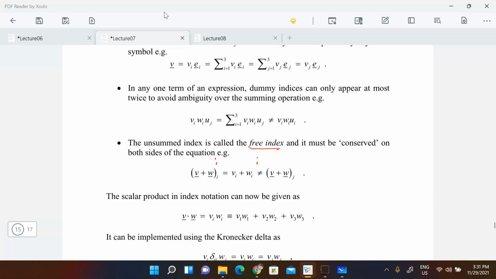So free indices are conserved on both sides of the equation. Why does it have to be conserved? If I talk about the x component of v plus w, then it has to come from the x component of v and the x component of w. It cannot be anything else. So that free index needs to be conserved. A dummy index, you can replace it.